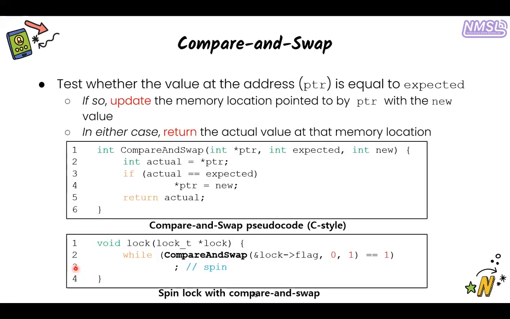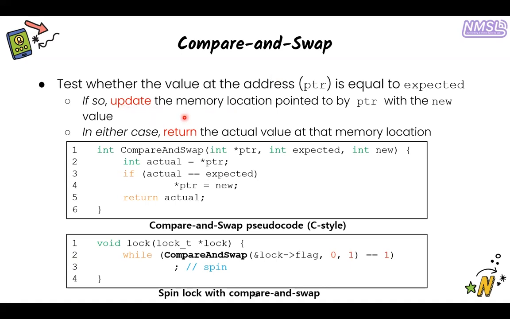So next we go into something called compare and swap. Here, test whether the value at the address pointer is equal to expected. Now, if so, then you update the memory location pointed to by the pointer with the new value.